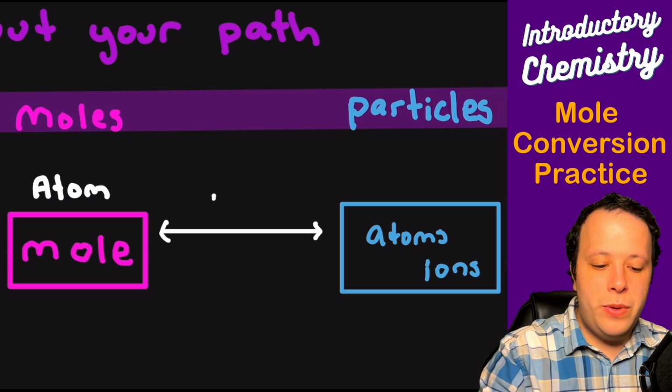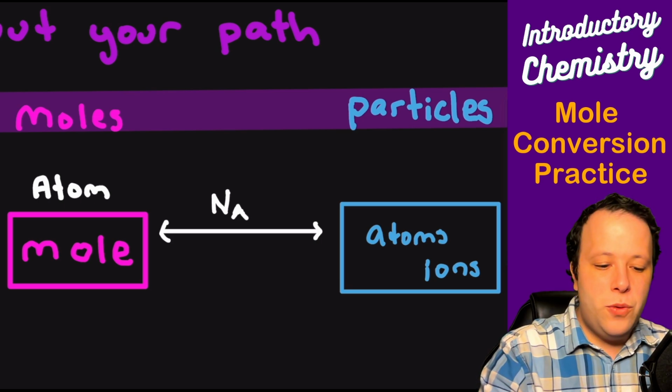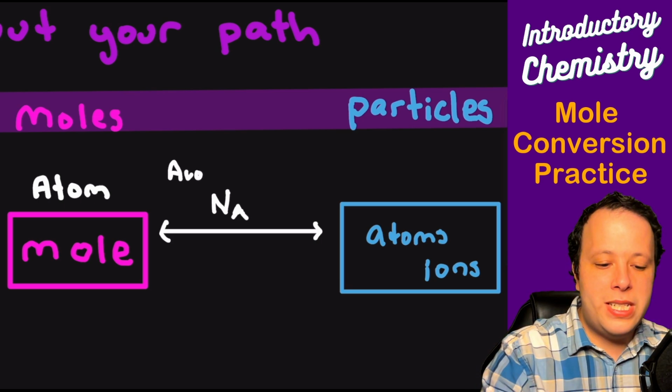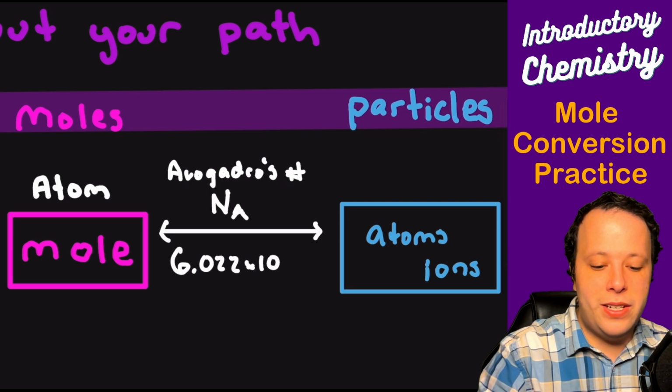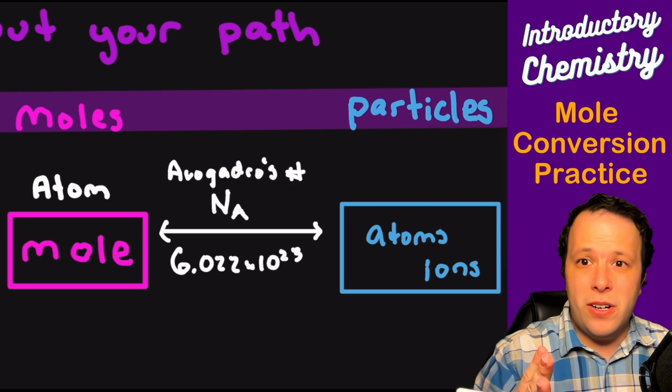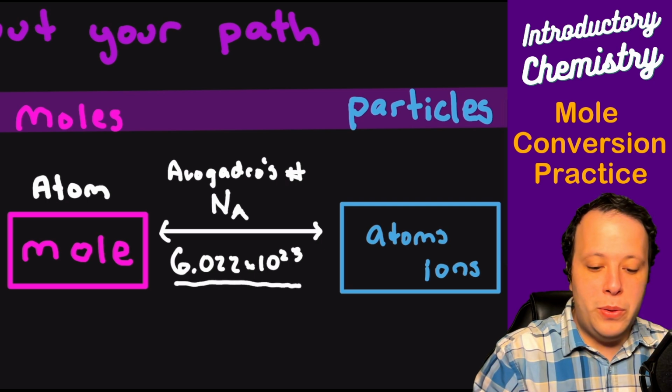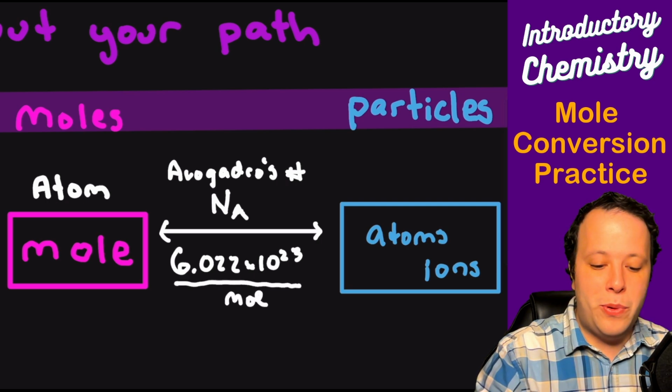Well, this is when we were using Avogadro's number, which we usually show by N and then an A, which is 6.022 times 10 to the 23rd. Okay, so we'll put that here, 6.022 times 10 to the 23. And that is particles per mole. Okay, so that was a very important conversion.